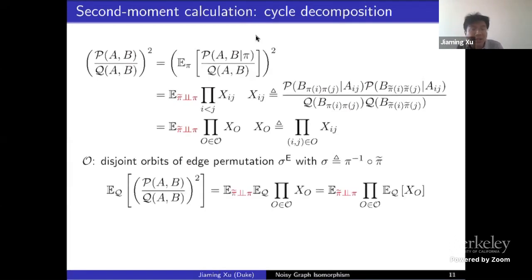And now with that, we can take expectation over Q on both hand sides and then interchange the expectation. So the important thing is that the reason we need the cycle decomposition is because the edge orbits are disjoint.